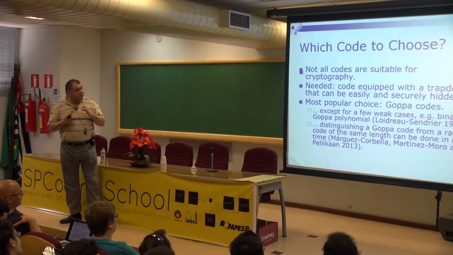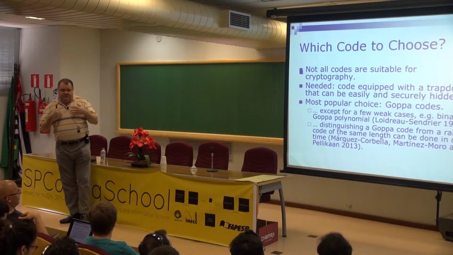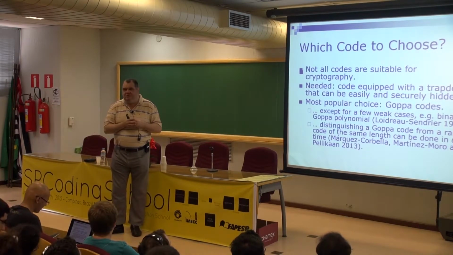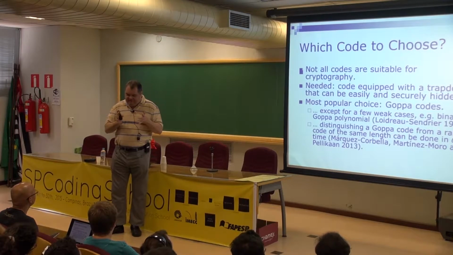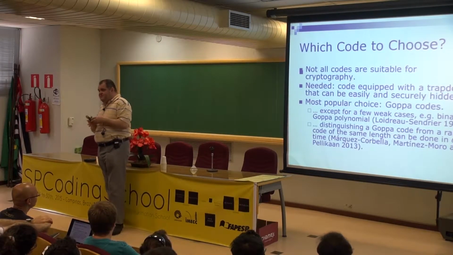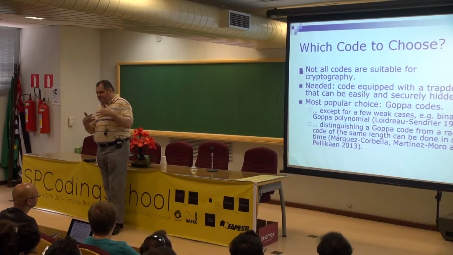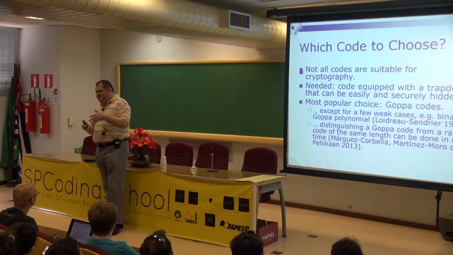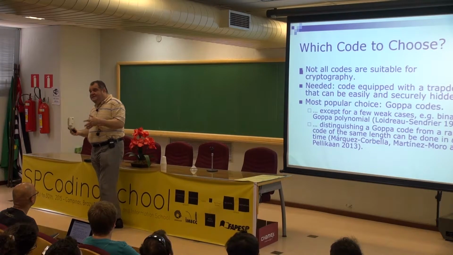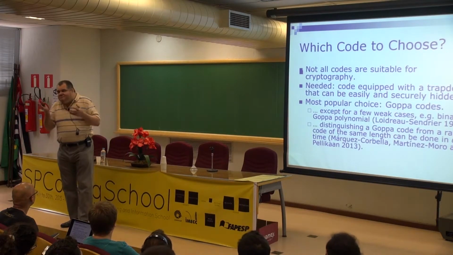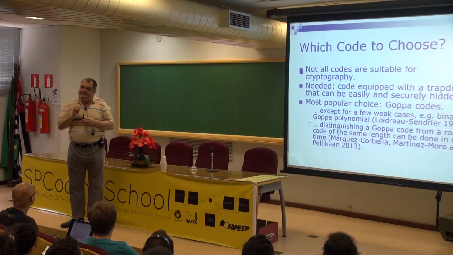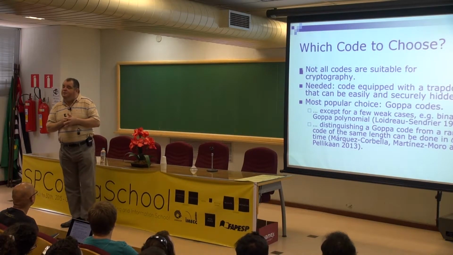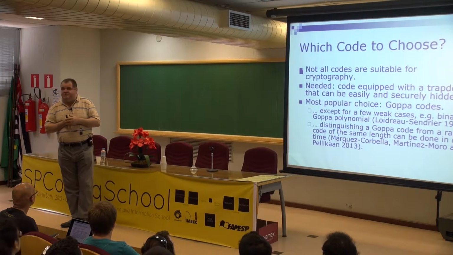So, not all codes are suitable. In the literature, we find perhaps a dozen families of codes that have been proposed. Sometimes the family was refined after an attack, and then the result was attacked again and again until it was finally discarded completely. For instance, Reed-Muller codes have been proposed and broken.